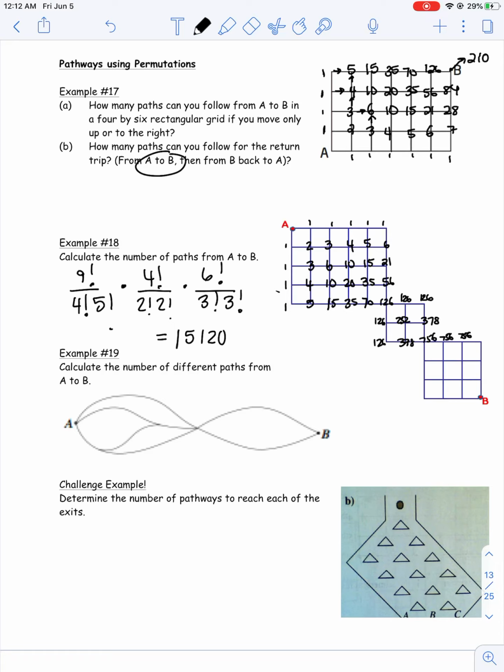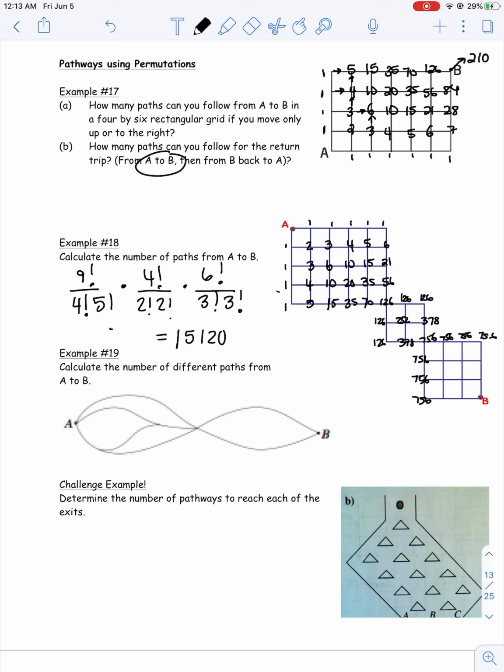Because what's happening is there's no number coming down towards that 756, so it's like adding a 0 to that number, so it doesn't change. Directly below all these will be 756 as well. There's only 756 ways to get down this road. And then we keep going.